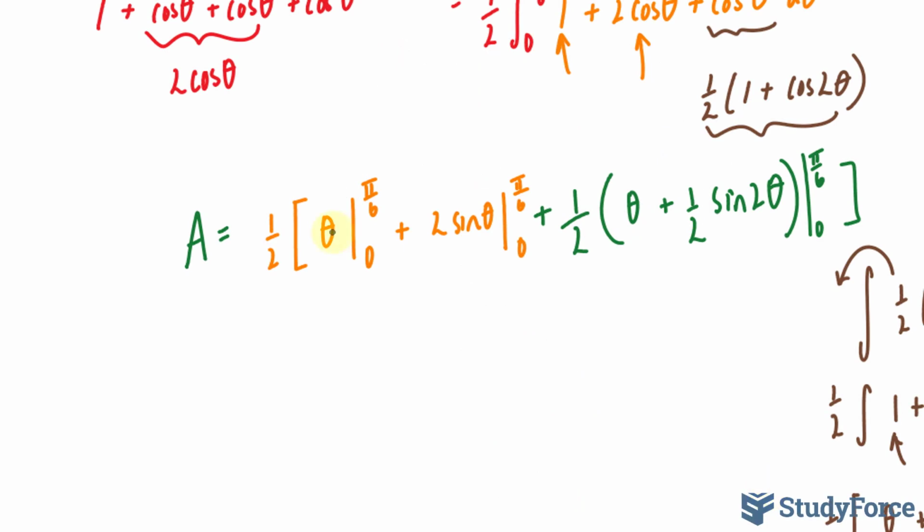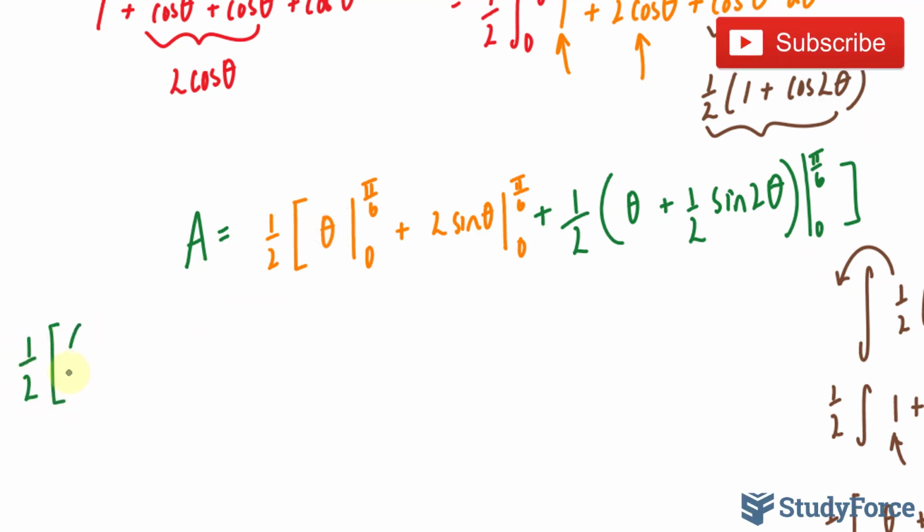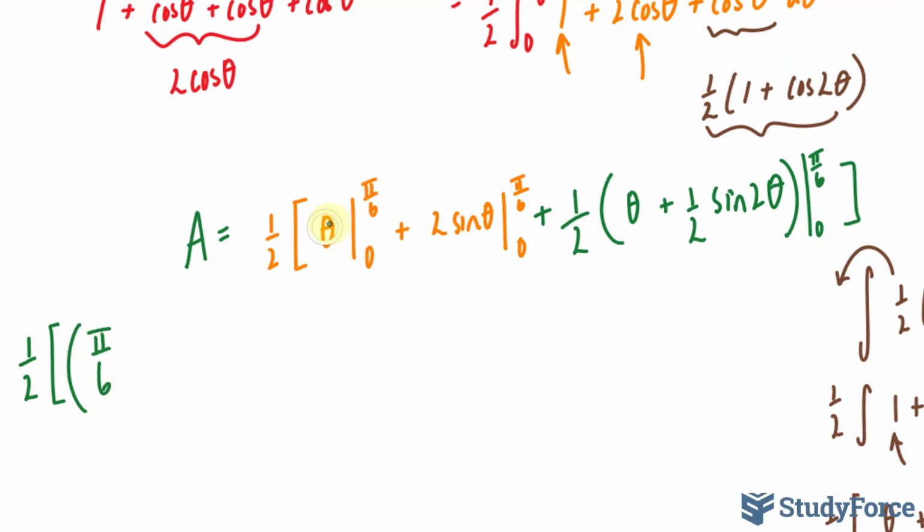Now what we have to do is evaluate each of these terms between 0 and pi over 6. This requires a lot of calculations. So let's start with this part. Remember, we have half on the outside. And for that first part, we have pi over 6. I'm evaluating this theta at pi over 6 minus 0. This part's done. Next part.